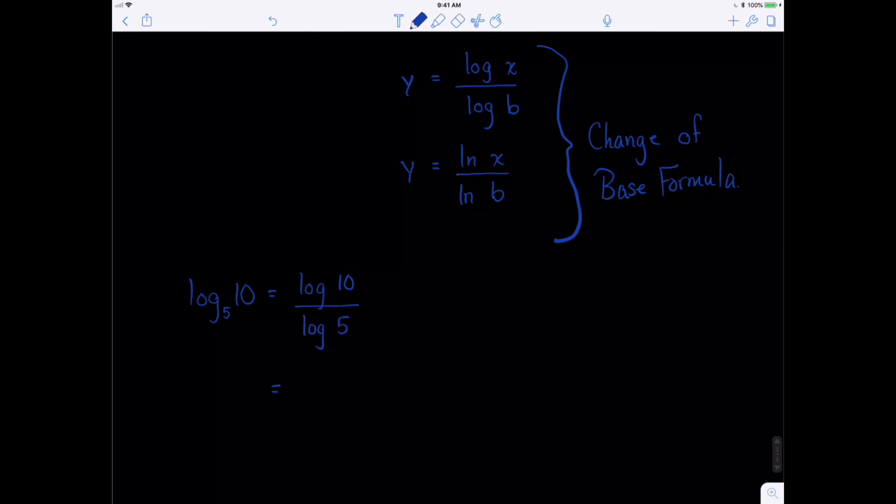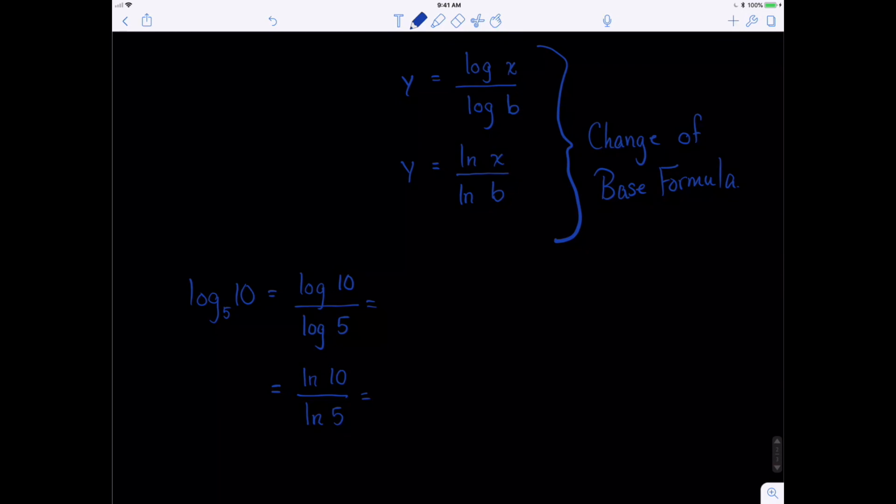And if what I said is also true, we could also do this using the natural log of 10 divided by the natural log of 5. According to what we just proved, this should work either way.